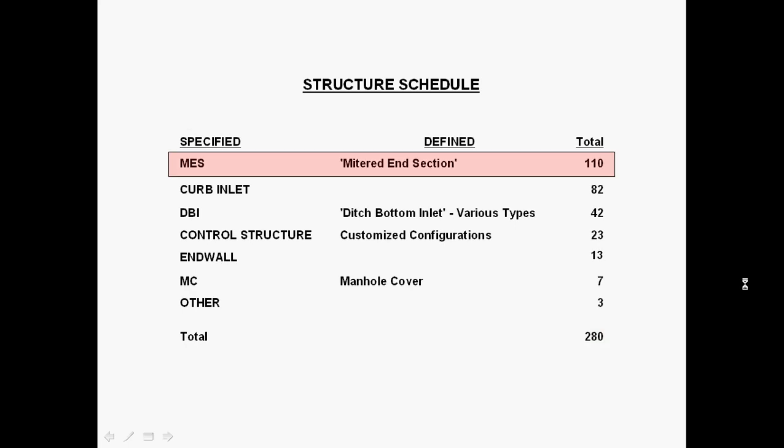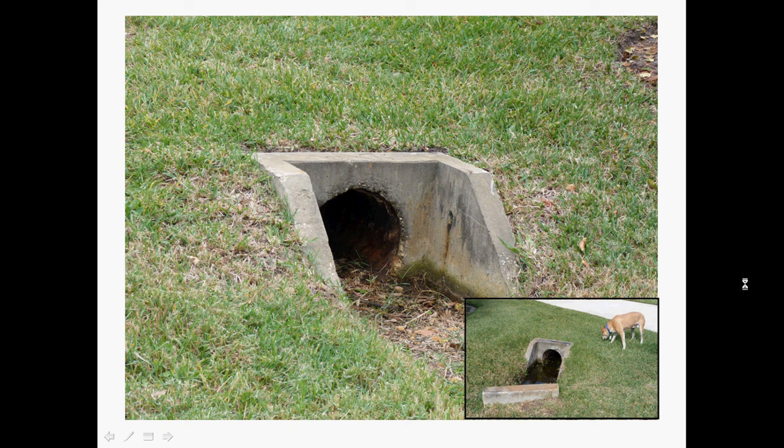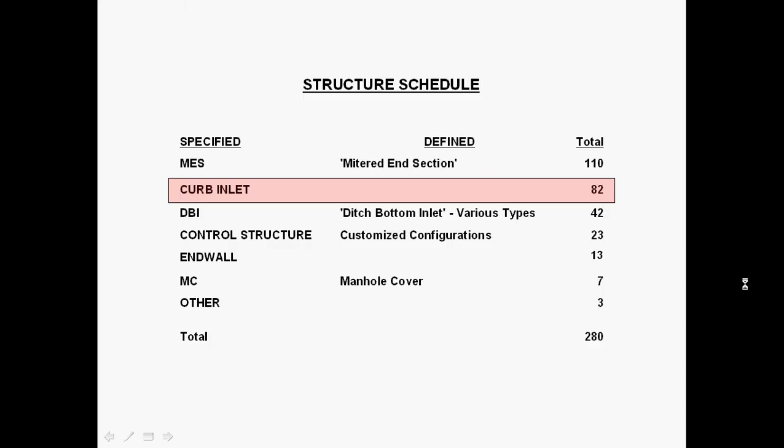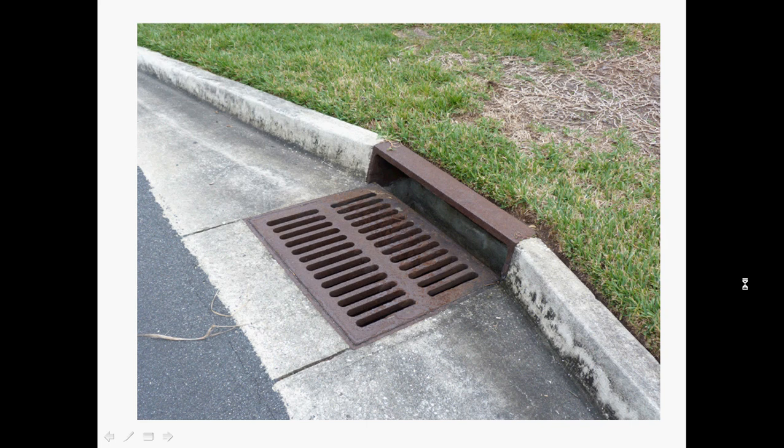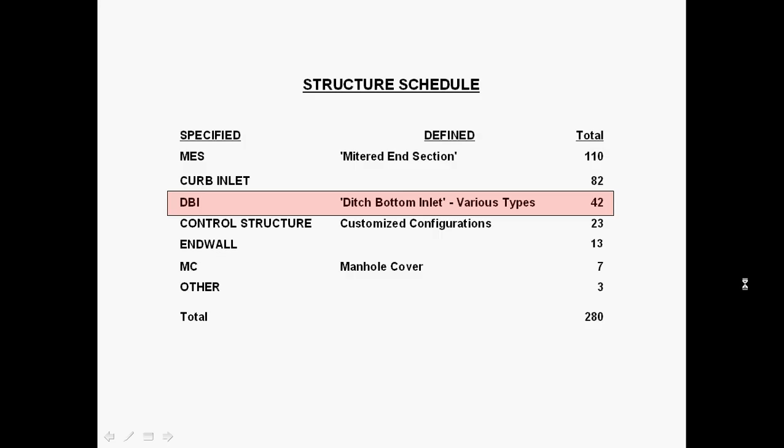The mitered end sections, they look like that. The curb inlets, pretty straightforward. Another type of structure is basically a cement box with holes in it for pipes, and generally a grid at the top for water to flow in.